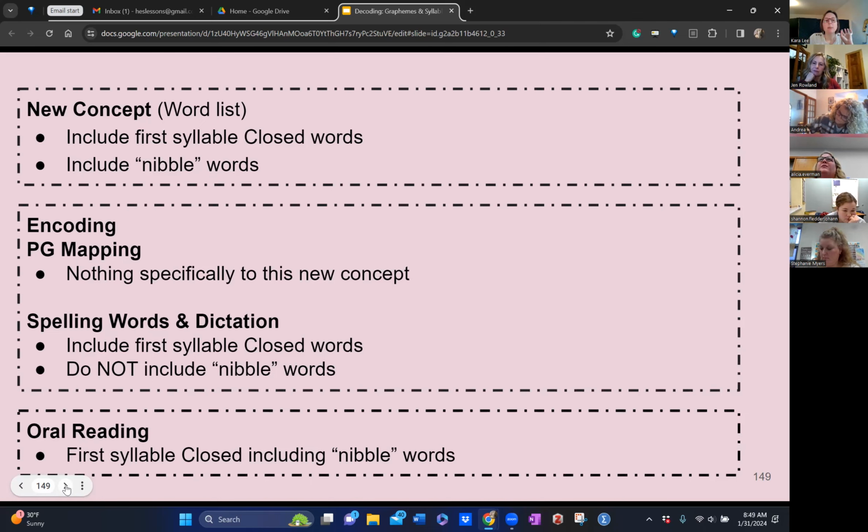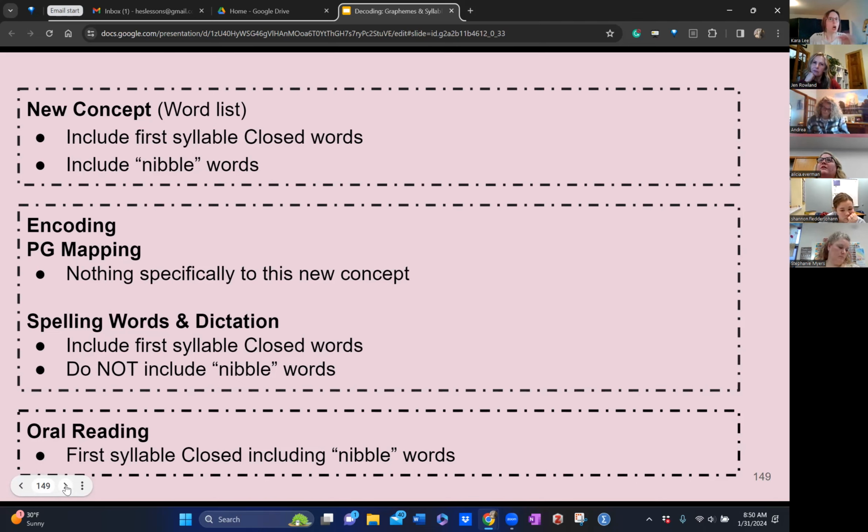Okay. PG mapping, nothing new for this concept in PG mapping. There's nothing you need to do in PG mapping that's different. In spelling and dictation, you will only include words with a closed first syllable. That's all we're teaching right now.